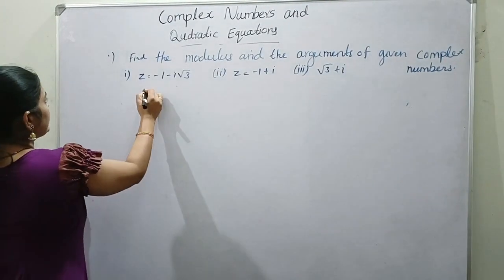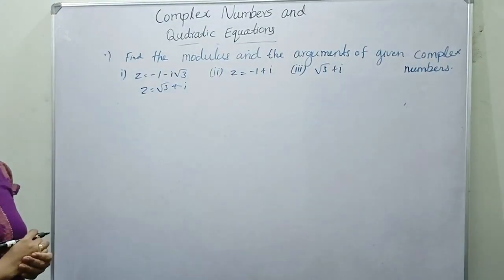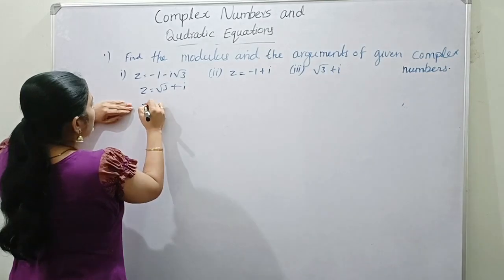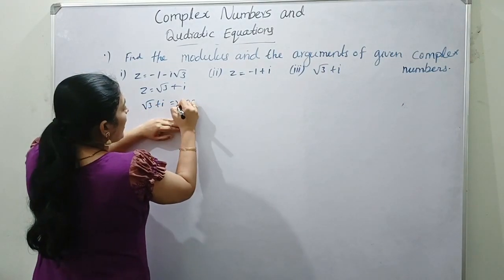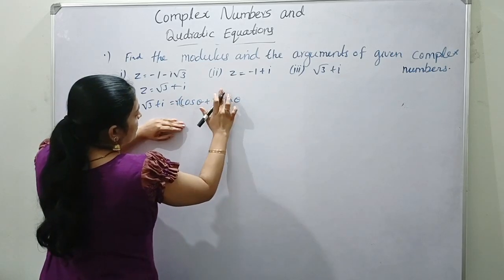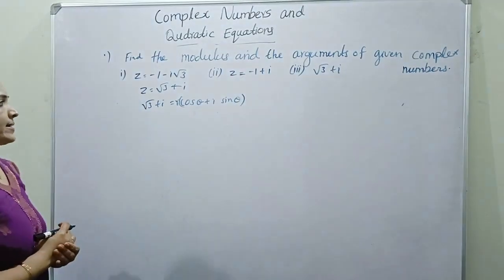Third one, z is equal to root 3 plus i. So first we will write this in the polar form of a complex number. Root 3 plus i is equal to r cos theta plus i r sin theta; we have taken r outside, so r into cos theta plus i sin theta.